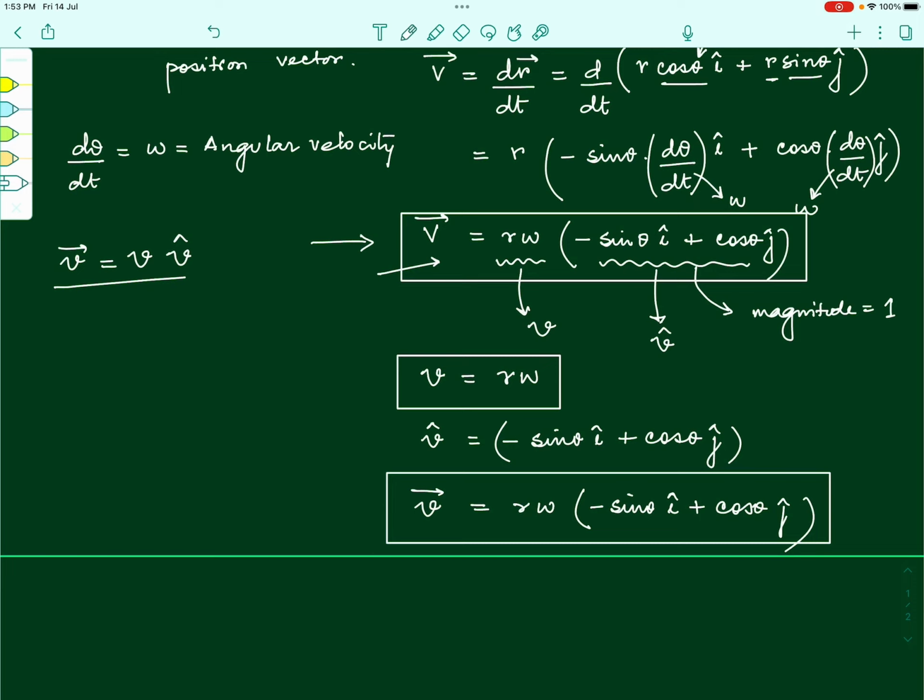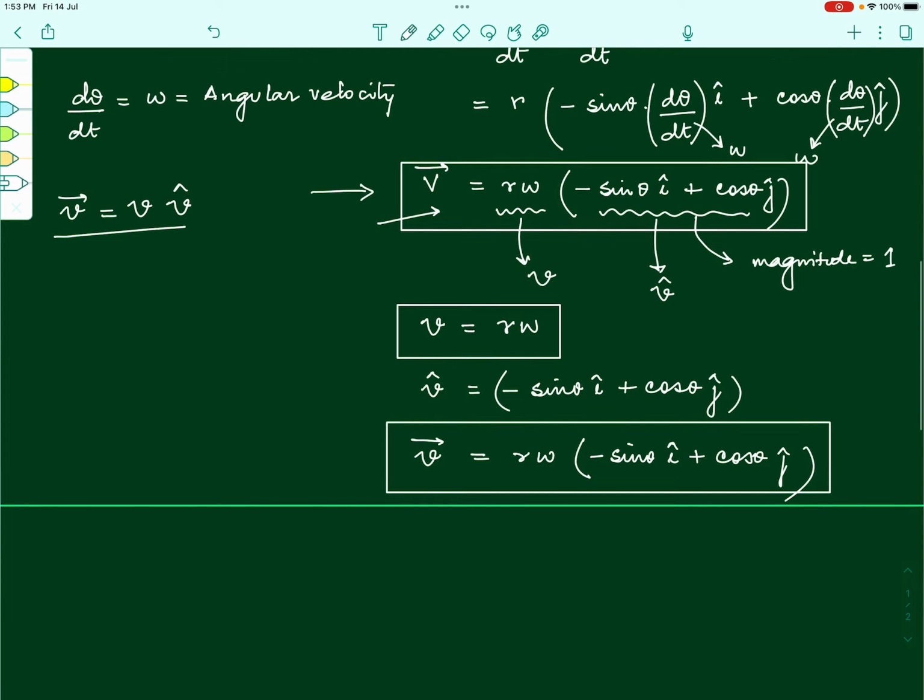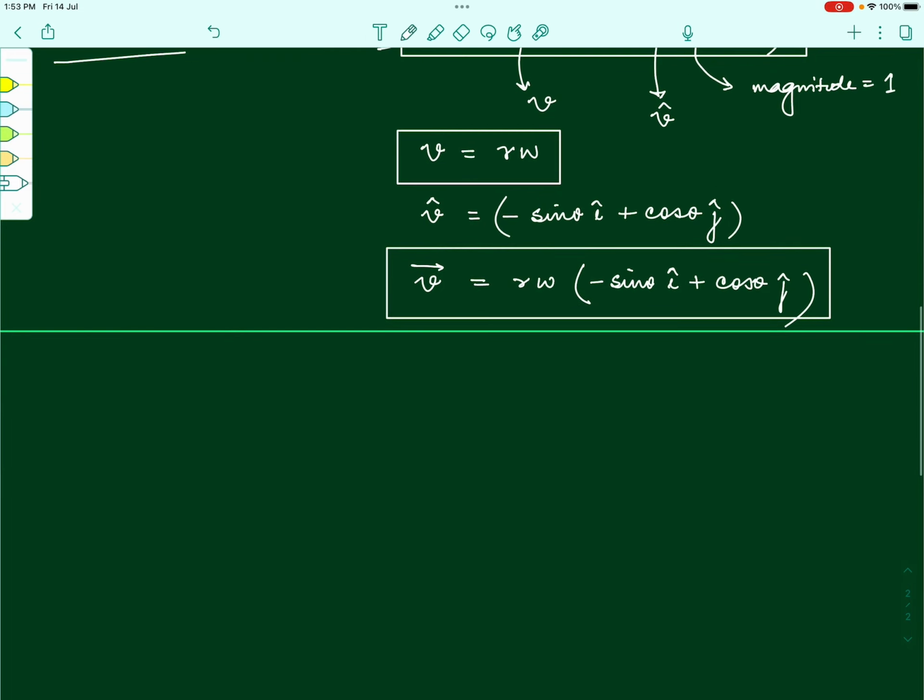Now, in order to understand what the direction of this vector is, we try to find out the dot product of vector r with vector v. We have the vector r as r cos theta i cap plus r sin theta j cap, right?